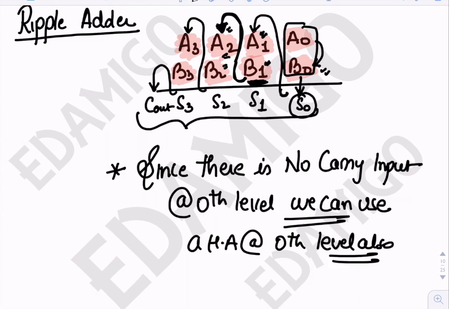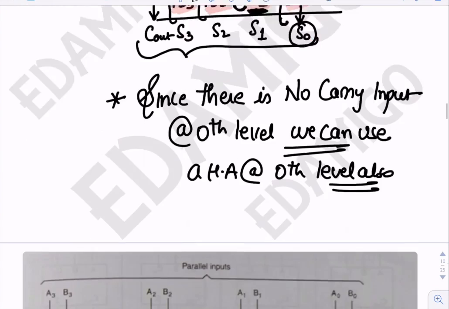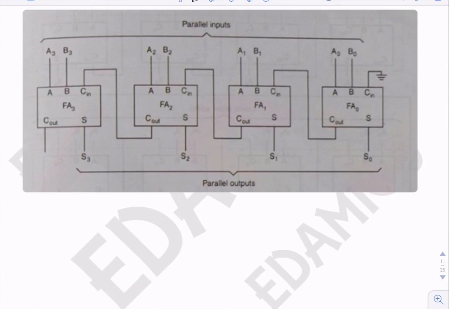Okay, there is no need for a full adder because there is no carry input here. If we are using a full adder, then we have to ground this carry input. Or we can use a simple half adder at the 0th level.